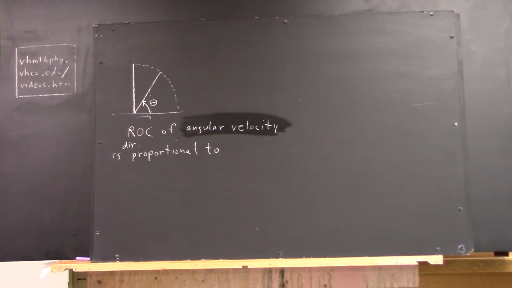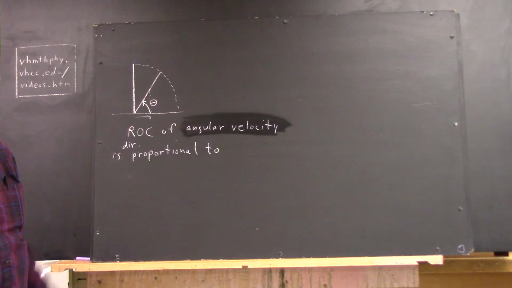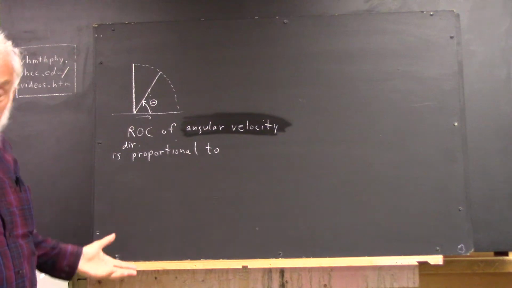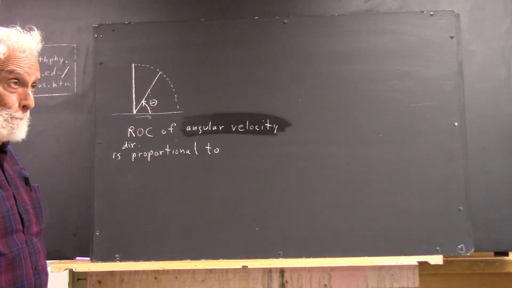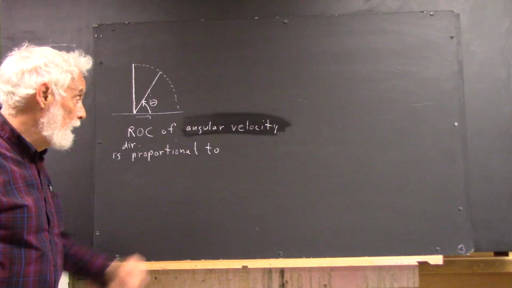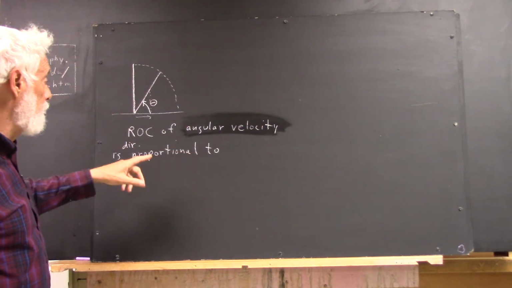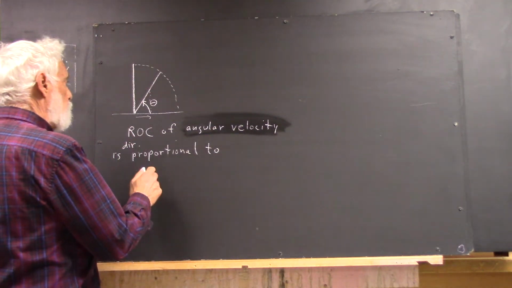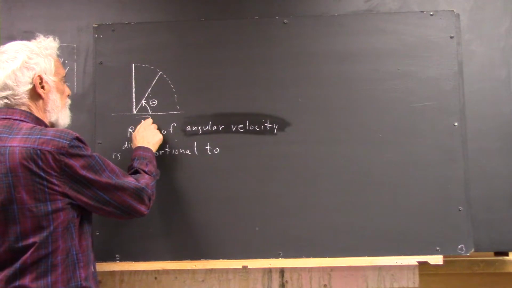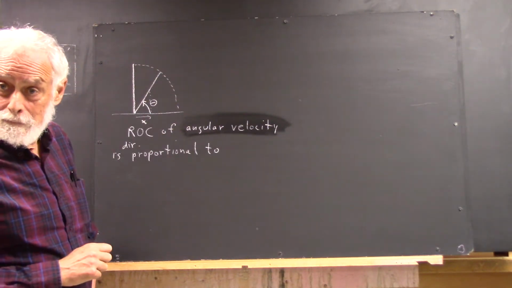Angular velocity is just how fast theta is changing. And it's really a measure of how fast that door is moving or that domino. Okay? Don't have to worry about that or what it means or the physics of it. But I'm going to say that rate of change of angular velocity is directly proportional to, I'm going to call this distance x. Okay?